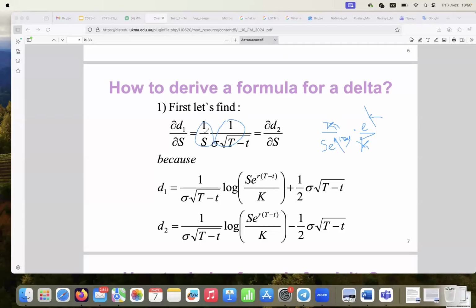And we see that the derivative of d2 is like d1, only with a minus instead of plus, but the derivative of the other term is 0 anyway. So first we can state that the derivatives of d1 and of d2 with respect to dS equal this expression. Okay?